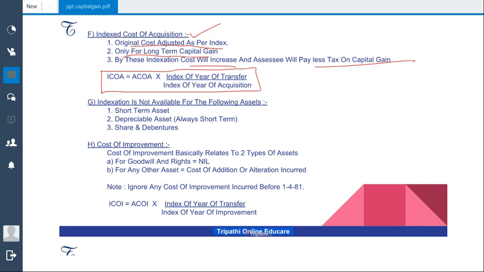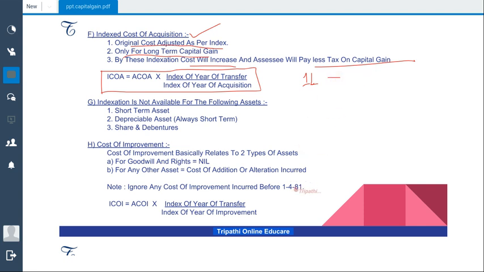So what we will do, we will say actual cost of acquisition. Our actual cost of acquisition is 1 lakh, right? 1 lakh is the actual cost of acquisition. We bought this property in the year 1991-92.